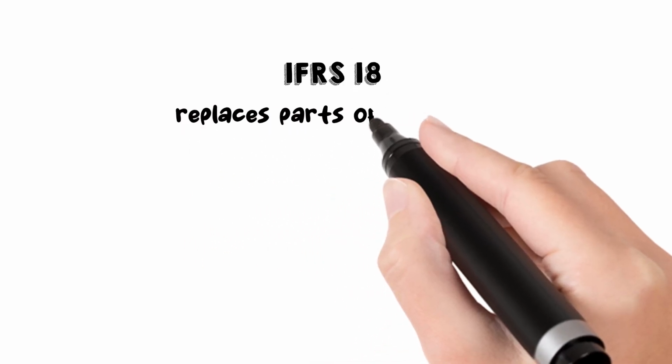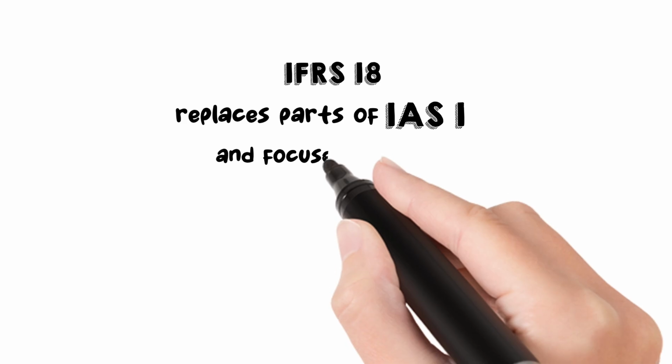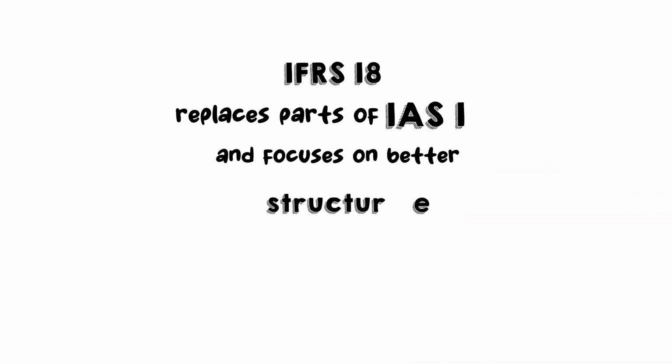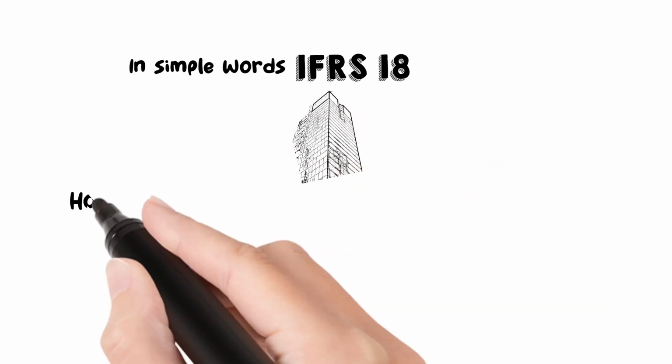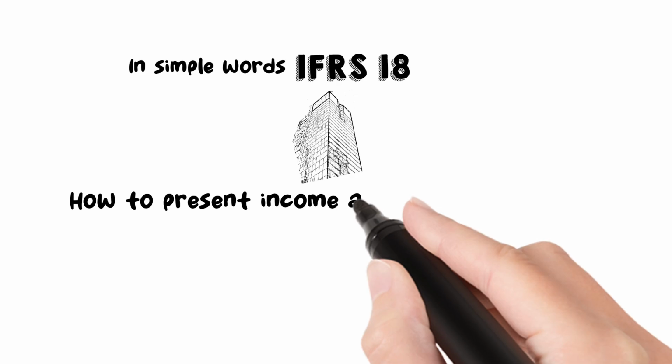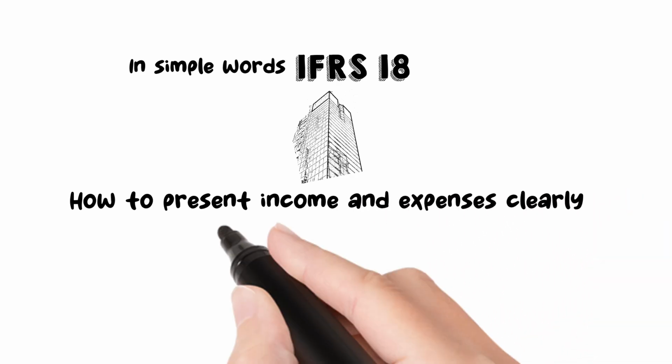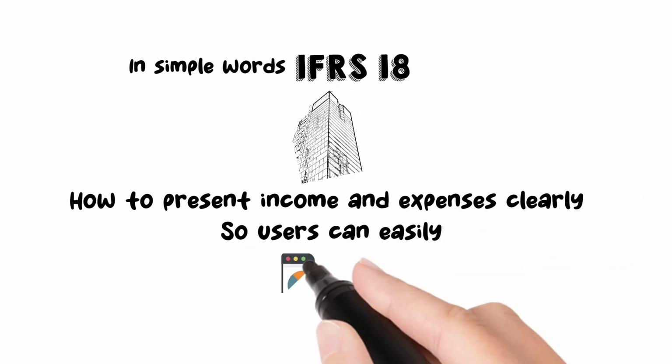IFRS 18 replaces parts of IAS 1 and focuses on better structure, consistency, and transparency. In simple words, IFRS 18 tells companies how to present income and expenses clearly so users can easily analyze performance. Key features of IFRS 18. 1.